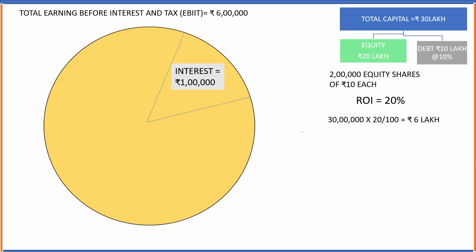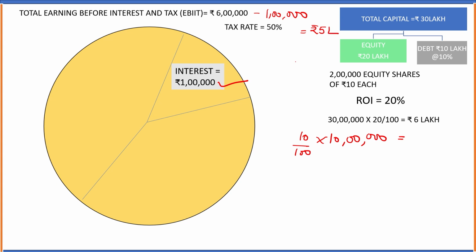So, we will be calculating 10% of 10 lakh, which is going to be 1 lakh. Now, out of this 6 lakh rupees, the company has paid 1 lakh rupees as interest. Now, the company is left with 5 lakhs, 6 lakhs minus 1 lakh.